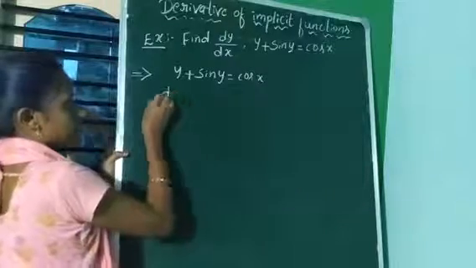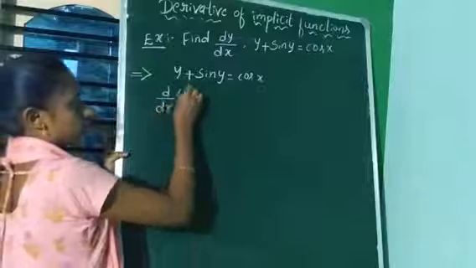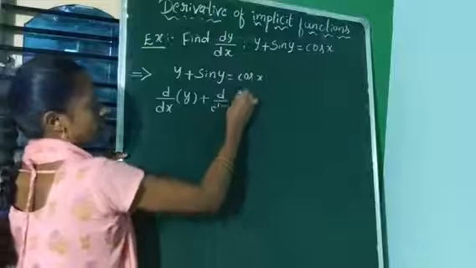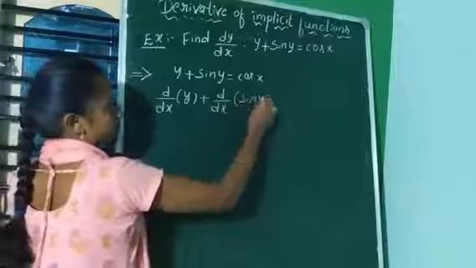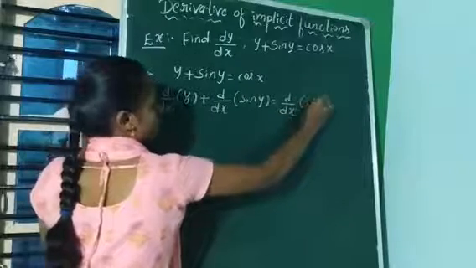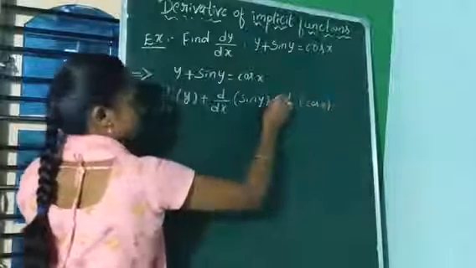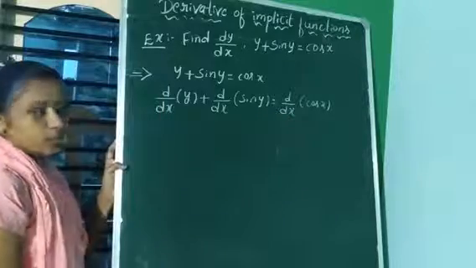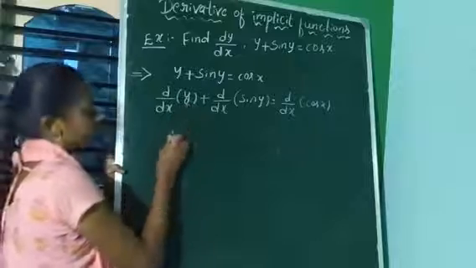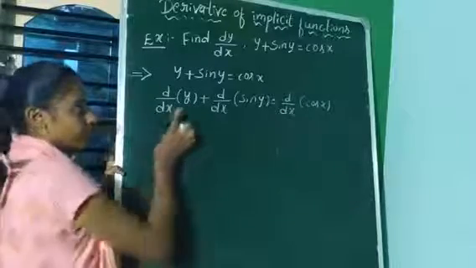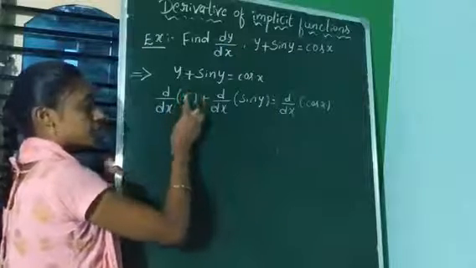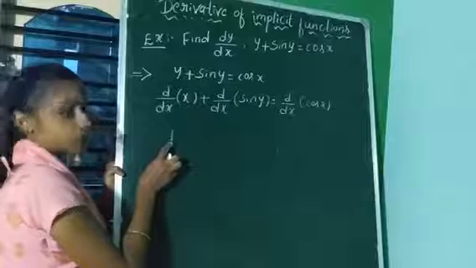It is d by dx of y plus d by dx of sin y is equal to d by dx of cos x. If the variable is x, then its derivative is 1.